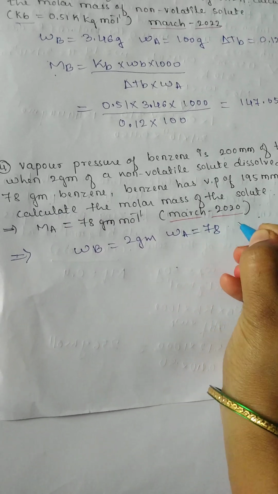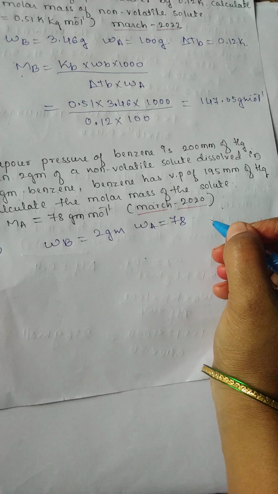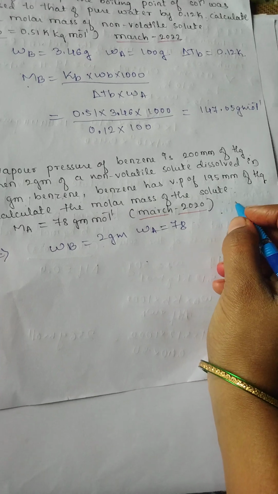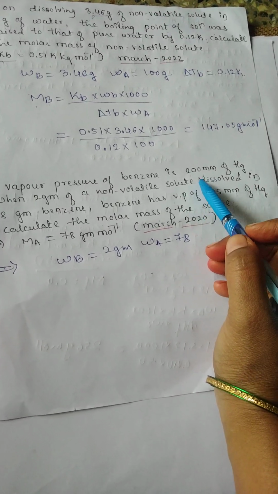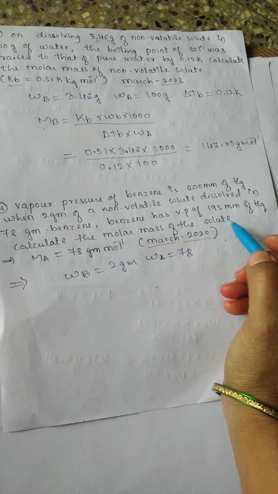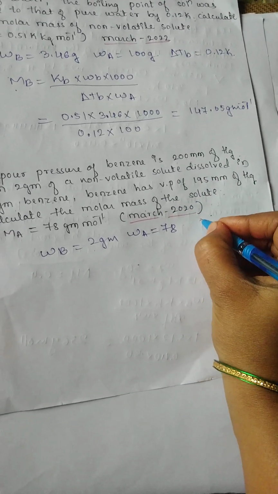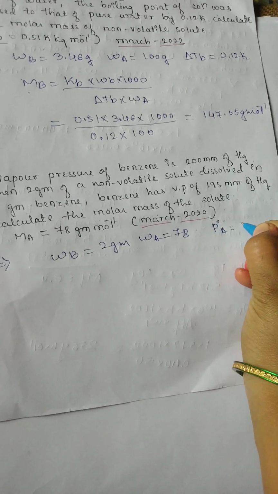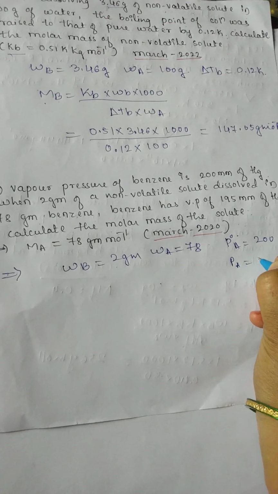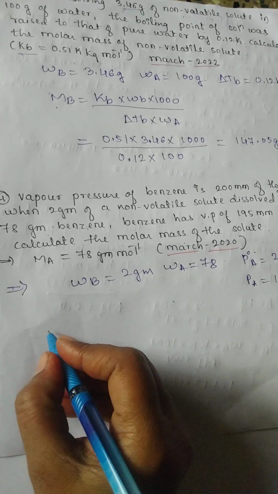Okay, 78 gram benzene has the vapor pressure of 195 mm of Hg. Calculate the molar mass of the solute. So here they have given two vapor pressures, for the solvent and the solution. So here P naught A is equal to 200 and PA is equal to 195.